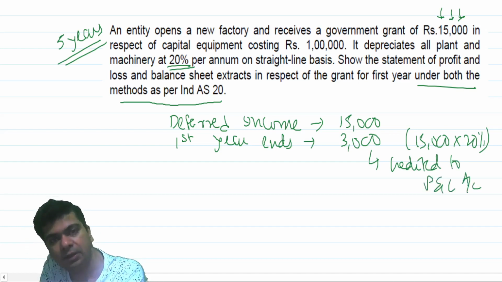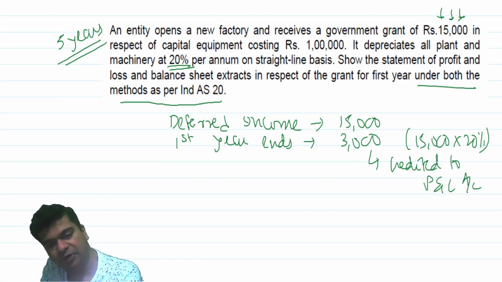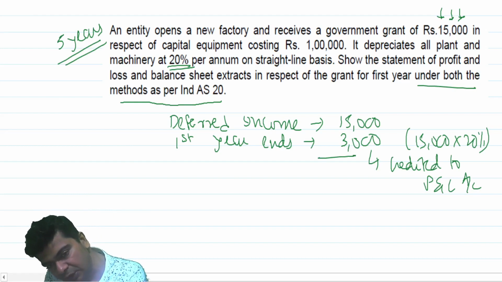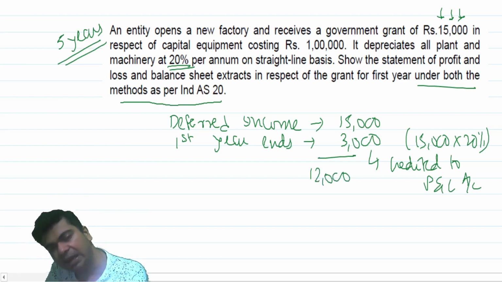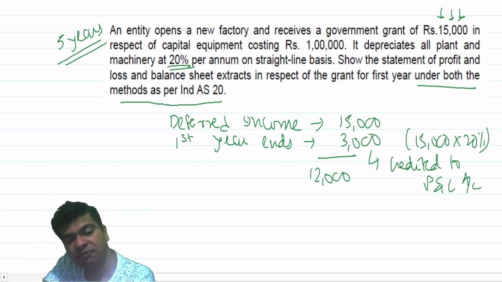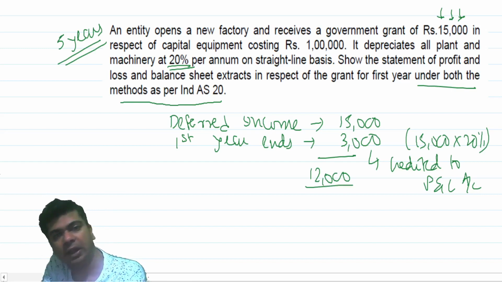I will credit this to the P&L. Comfortable? Then what will happen? 12,000 rupees of balance will be left. See, deferred income was 15,000. Out of that, 3,000 at the end of the first year will be credited to the P&L. Hence, you will be left with a balance of 12,000.